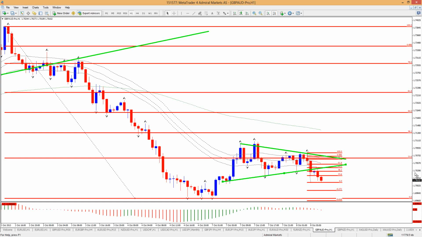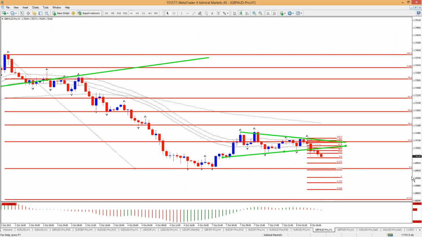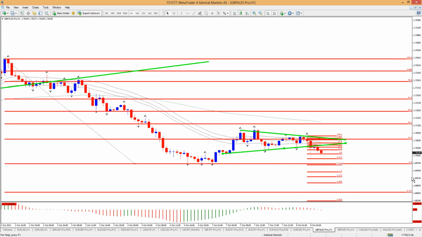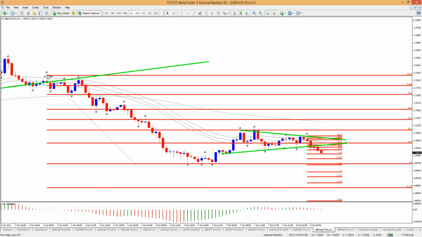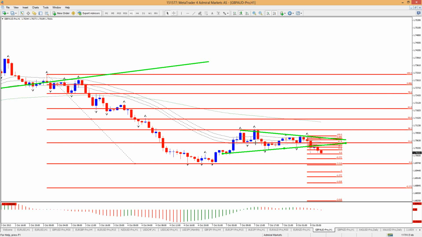with a target, let's see, let's be conservative and just in case take this fib and aiming for this minus 272 would maybe be the best idea.